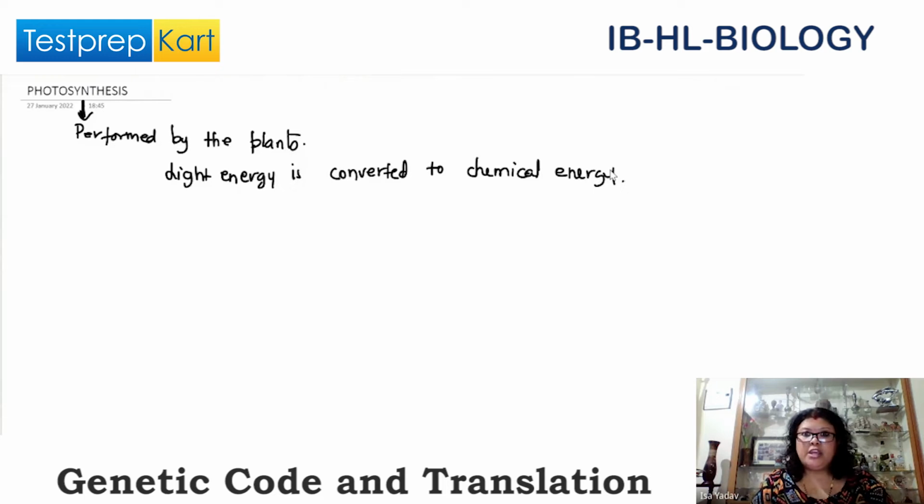Light energy is converted to what? Chemical energy. Do you understand this? Yes. So that means plants are able to take the light and convert the light into chemical energy.